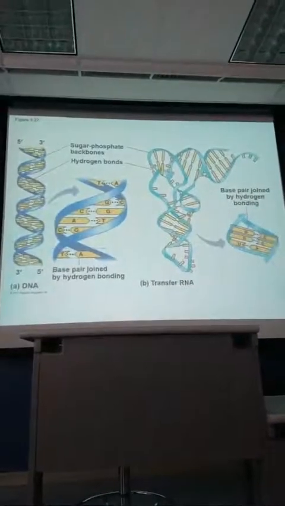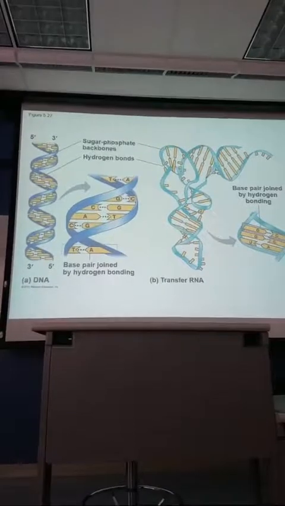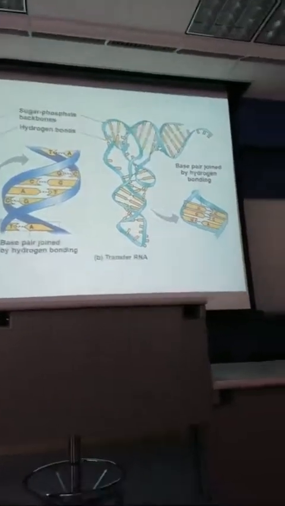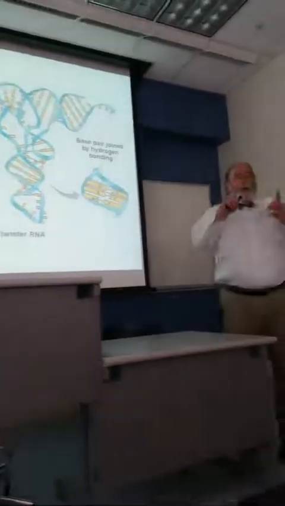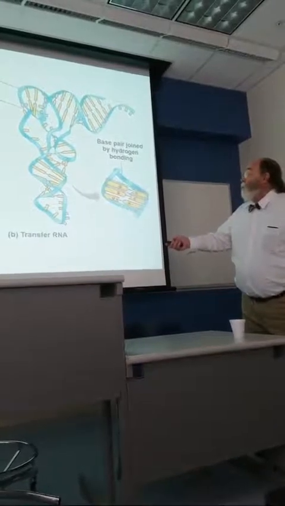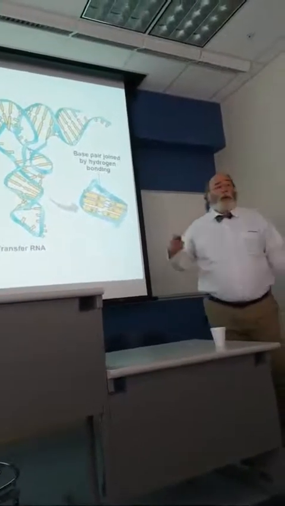Thymine, a pyrimidine. Cytosine, a pyrimidine. Look how small they are compared to the others. Purines are bigger. This kind of ladder that makes up the helical structure is going to be made up of the phosphate and the sugars bonding and stacking on each other, and that makes the big rail.